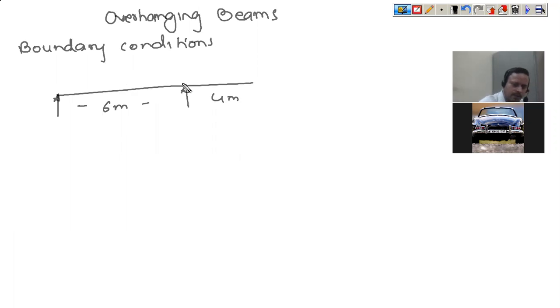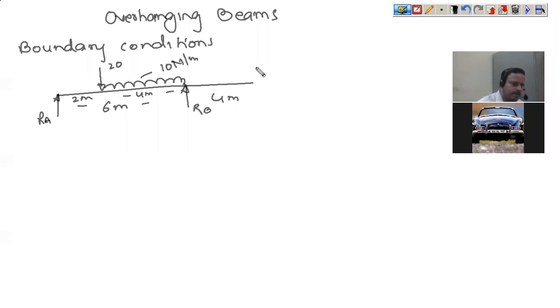Whatever load has been applied on it, let us say it is a point load and a uniformly distributed load. This is of 10 Newton per meter and this is of 20 Newton, and this is 2 meters. So obviously this is 4 meters, and you need to write down the equation for it. So this is RA and this is RB.